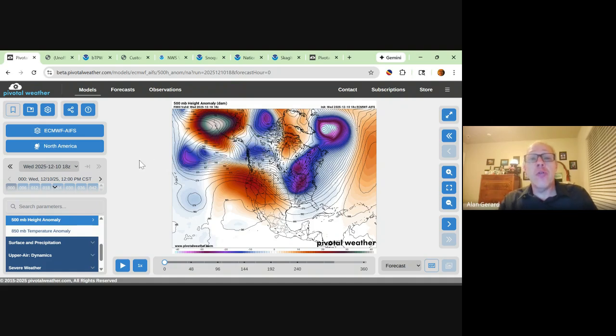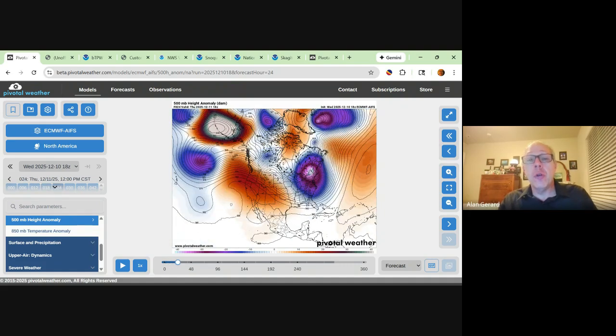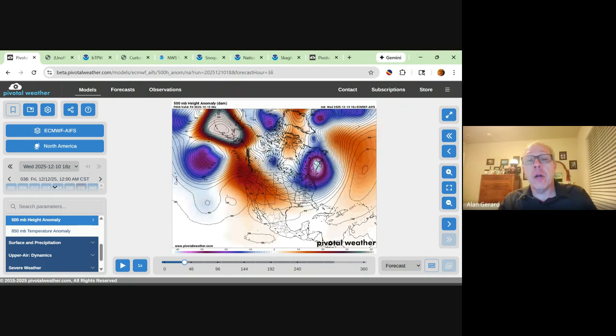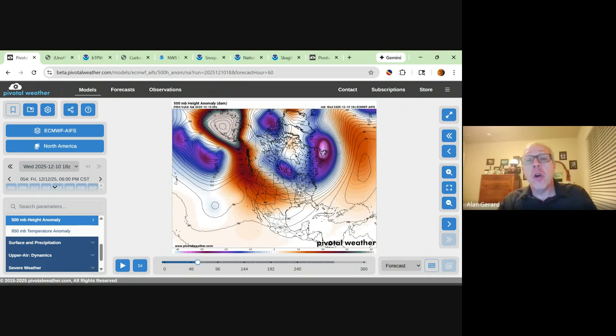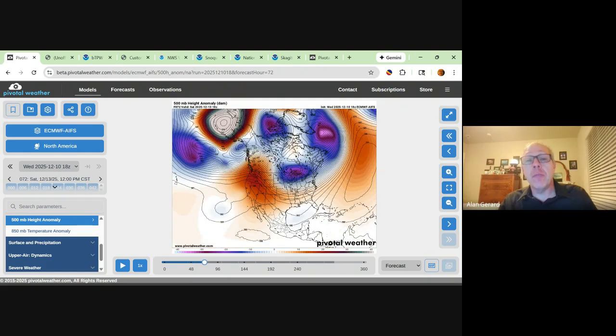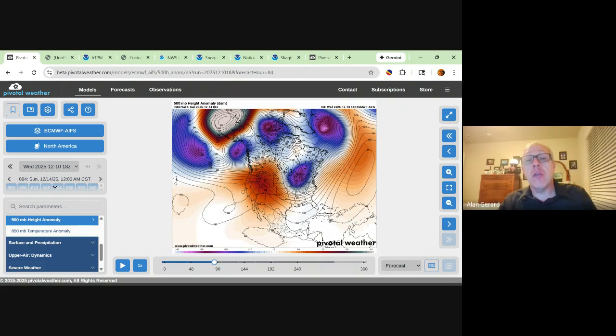As we go through time in the model, you will see that these two areas of high pressure in the mid and upper levels of the atmosphere are very persistent. This one over the west has been growing increasingly strong and persistent over the last several days.